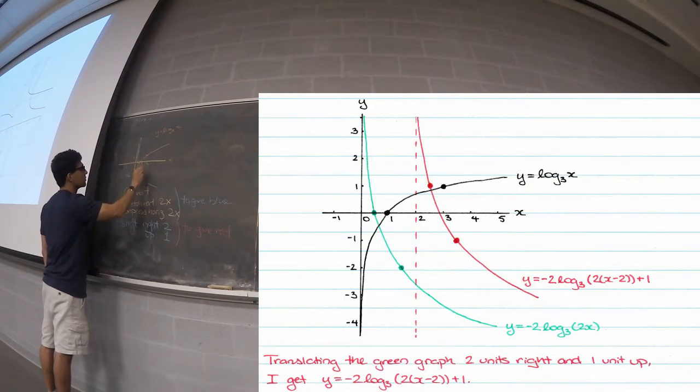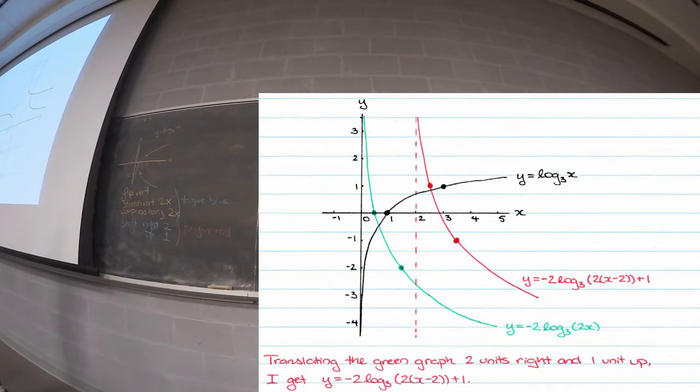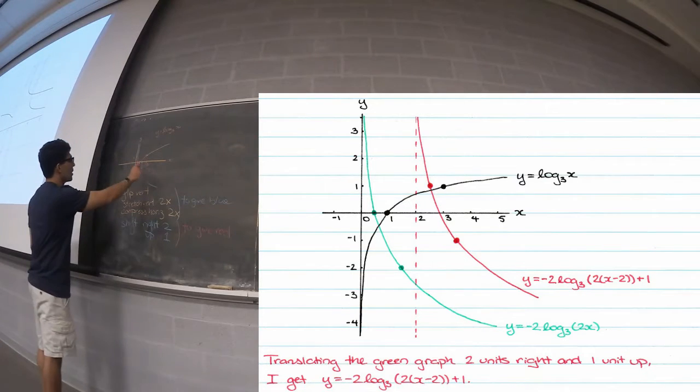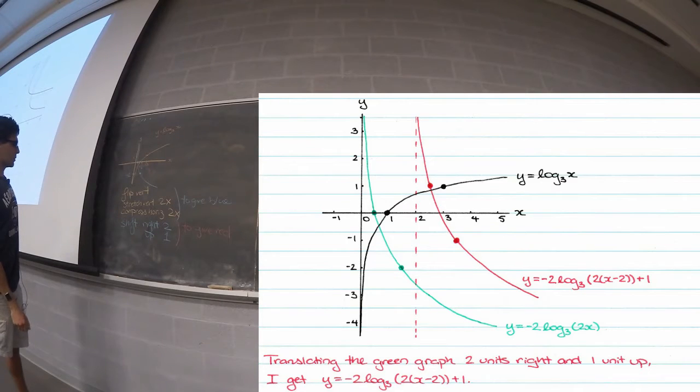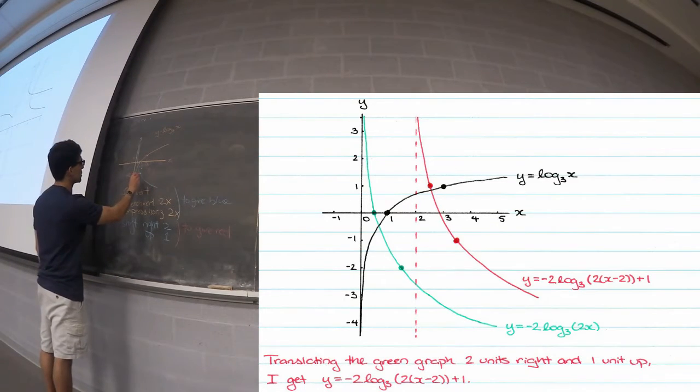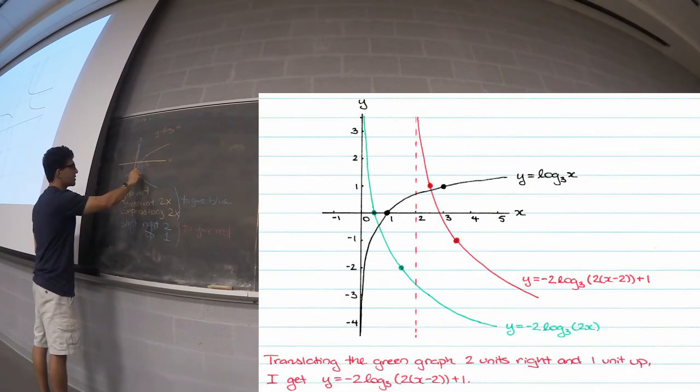So it's 2.5 and up 1. Did I do this right? Right 2, up 1. Here's my other reference point at 3/2.